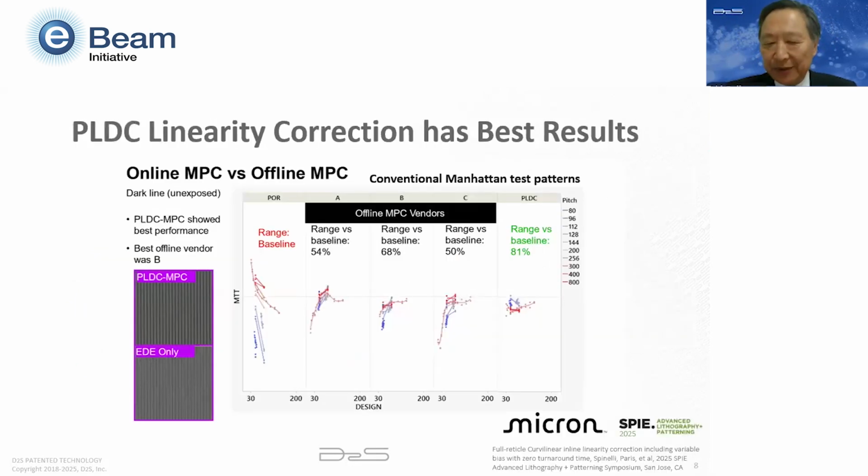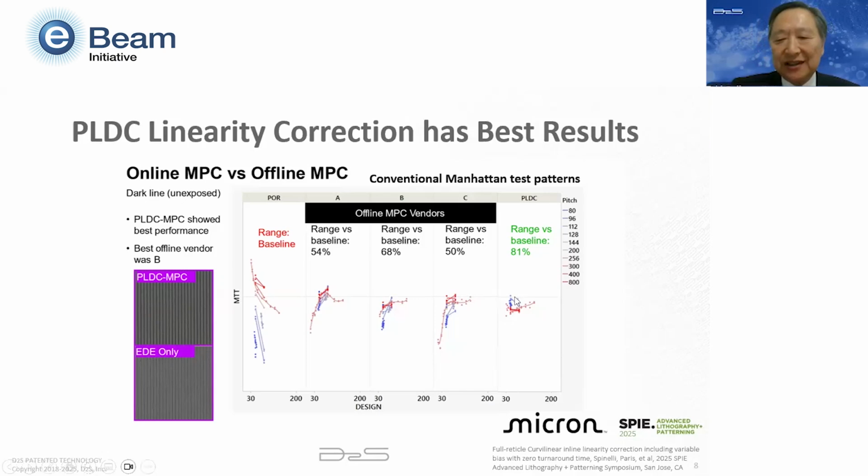The Micron paper talked about the linearity improvement. And these are typical test patterns. So these are Manhattan patterns, right? And you can see what they compared with offline vertex-based and MPC vendors versus PLDC.